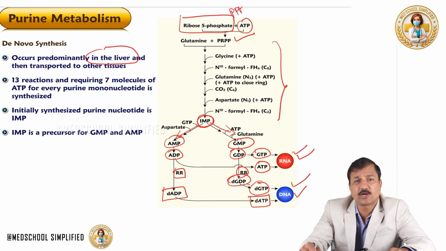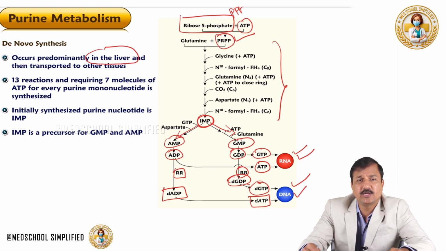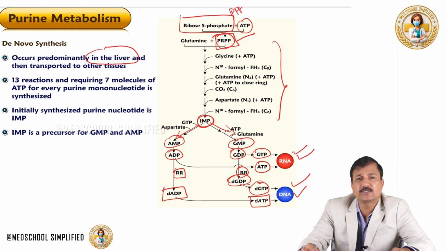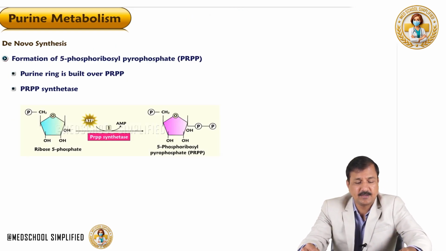PRPP is phosphoribosyl pyrophosphate, and it is the one that initiates purine nucleotide biosynthesis as well as pyrimidine nucleotide biosynthesis. So formation of PRPP is essential here for both purine and pyrimidine biosynthesis. You need to remember that point.